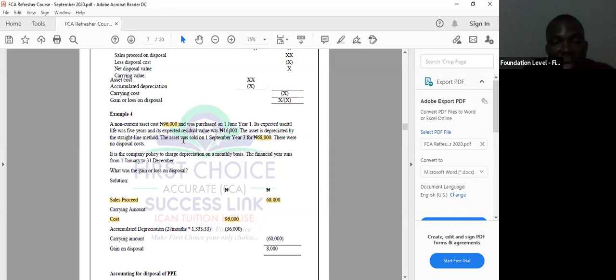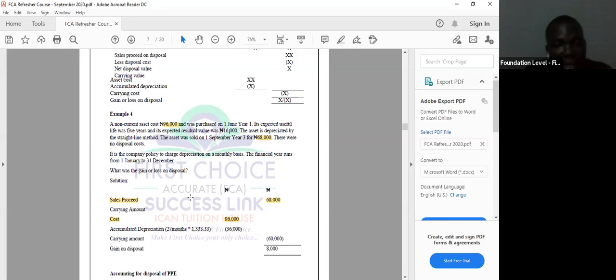How do we calculate that? The cost, 96,000, minus 16,000, divided by 5. Let's pick up our calculator and confirm that.